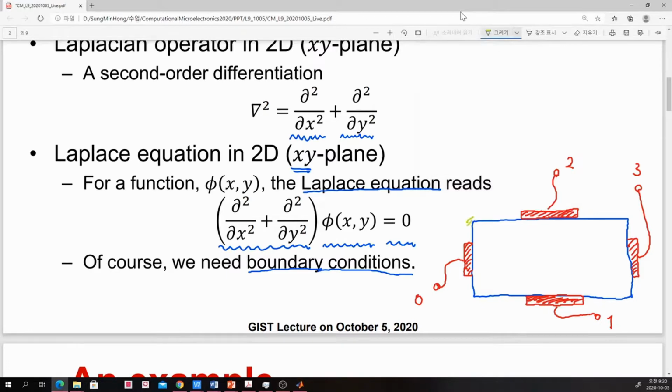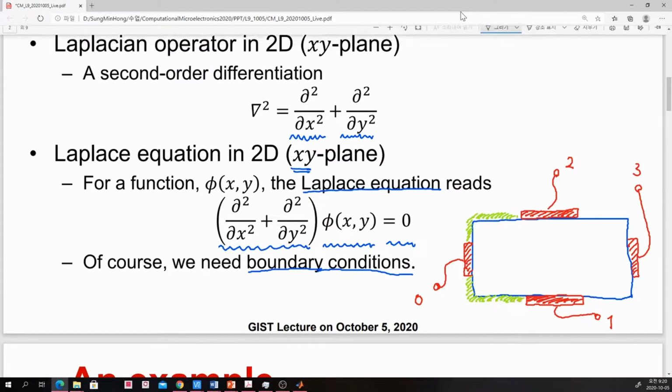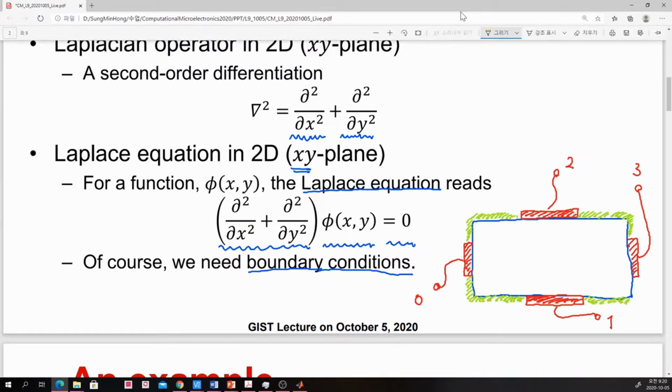For example, here we have boundary nodes which are not connected to a terminal. So here and there we have certain terminals.